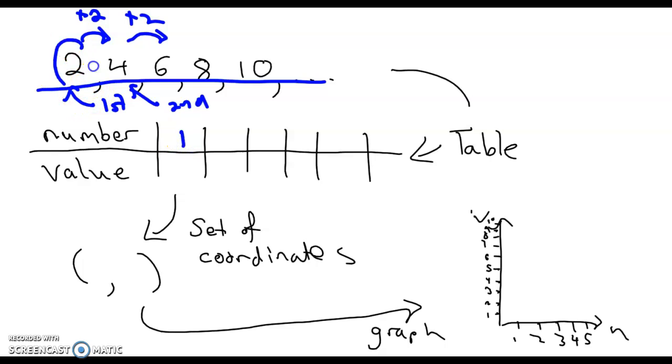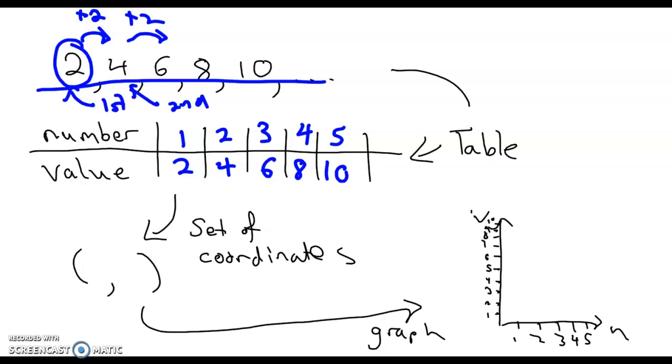The first one, well, it's the value of 2. The second number in the sequence has a value of 4. The third number in the sequence has a value of 6. The fourth, 8, and the fifth, 10. So we can express this number sequence in a table.